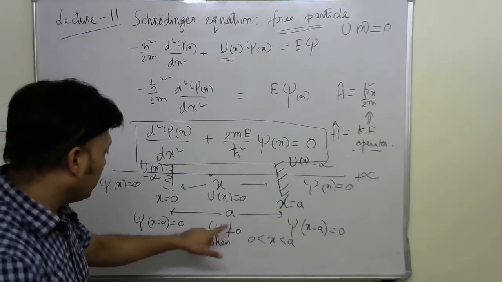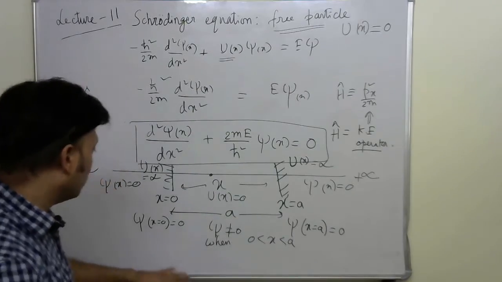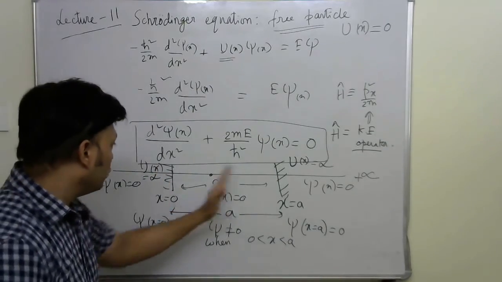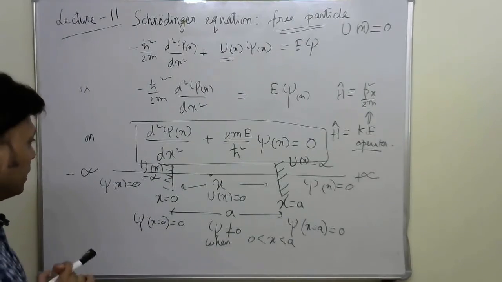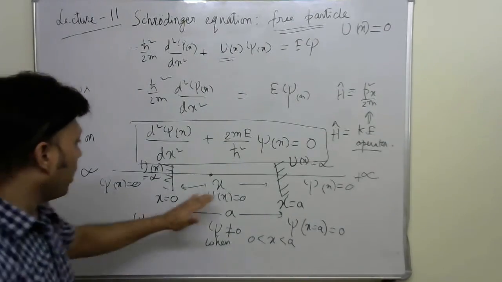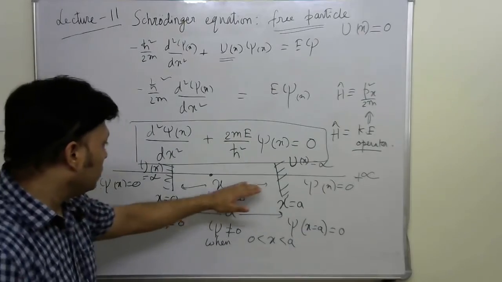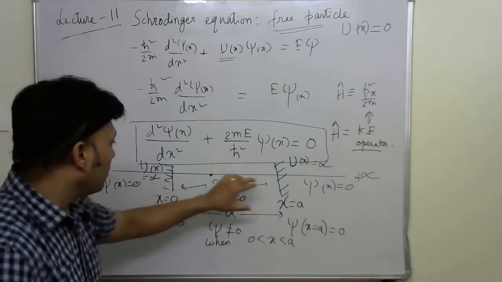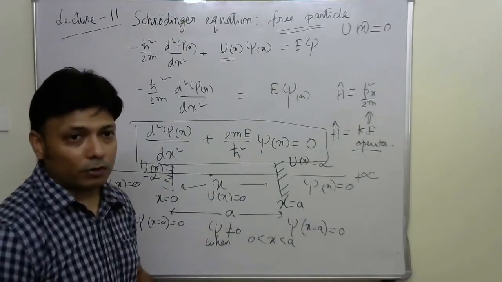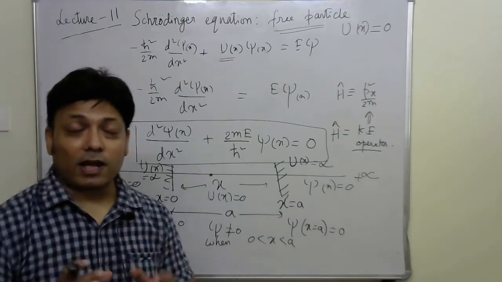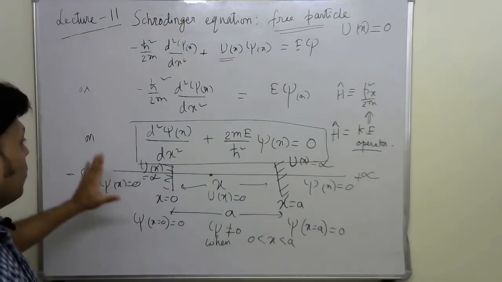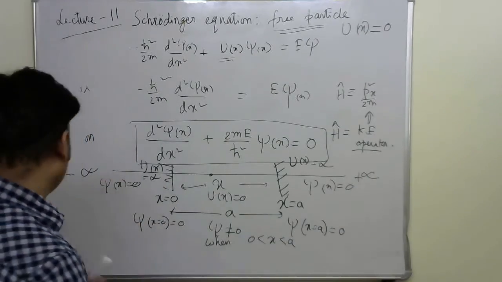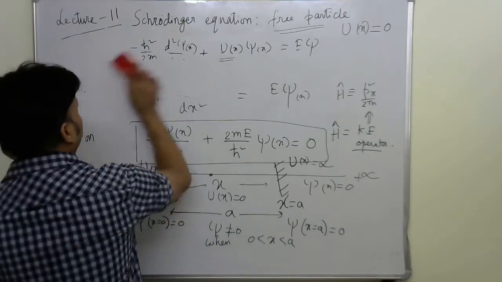Sorry, it should be that. Only then would psi have a non-zero value. Other than that, at the two boundary walls psi should be 0 and potential energy is infinite. The particle is free to move freely between the two boundaries as long as it doesn't touch the two walls.